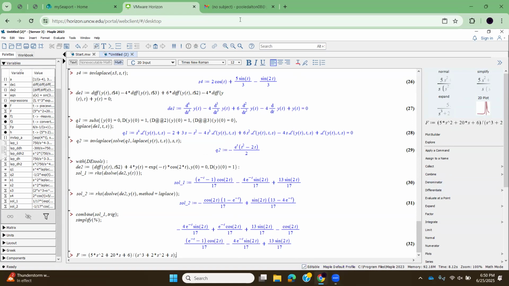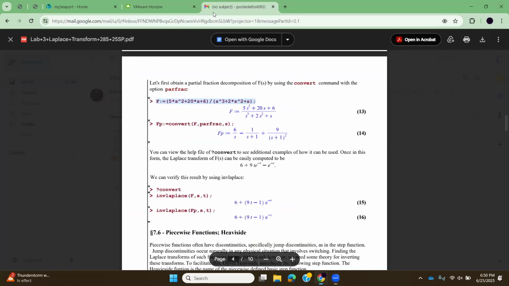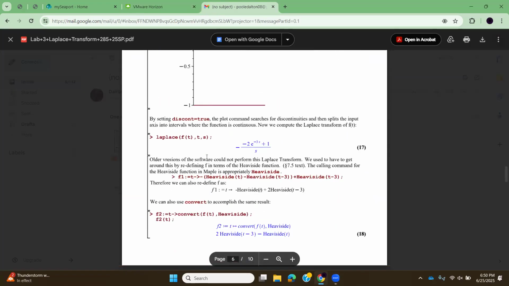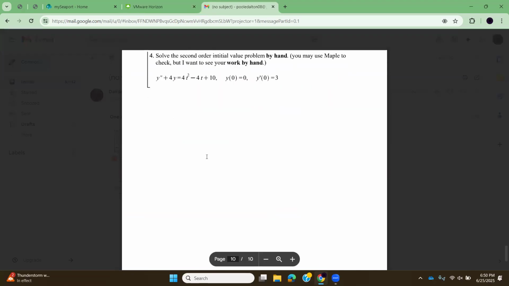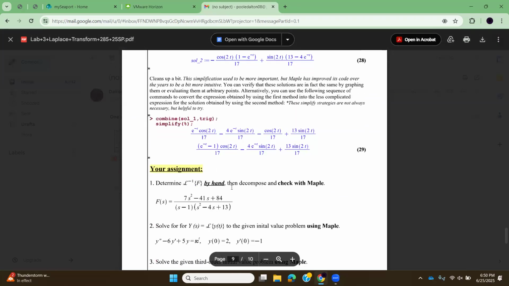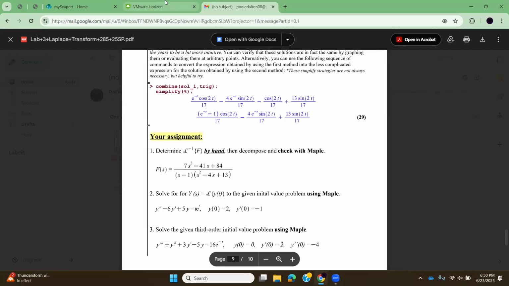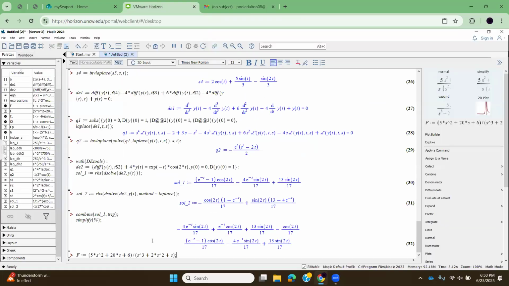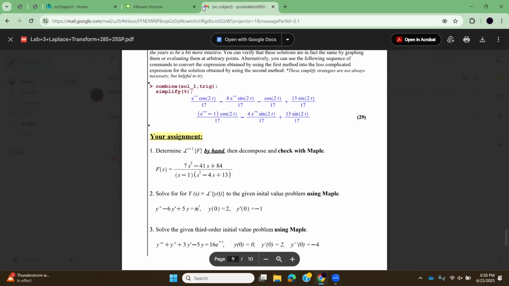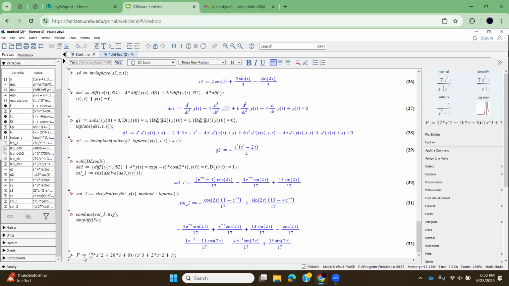So what we're gonna do is we're just gonna input this into that. So we got 7s squared minus 41s plus 84. So go 7s squared minus 41 plus 84.